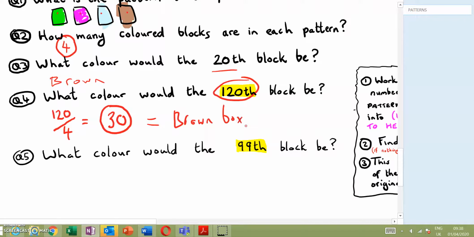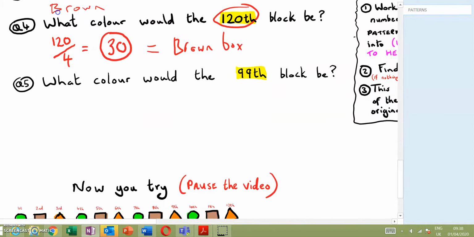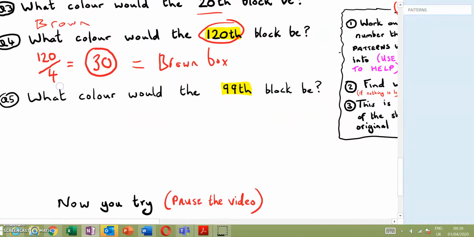Now, what colour would the 99th block be? So this is going to be different. This is a harder one. Okay? So I get my 99 and I divide by 4. What does it do? It goes in 24.75. Not going to work.